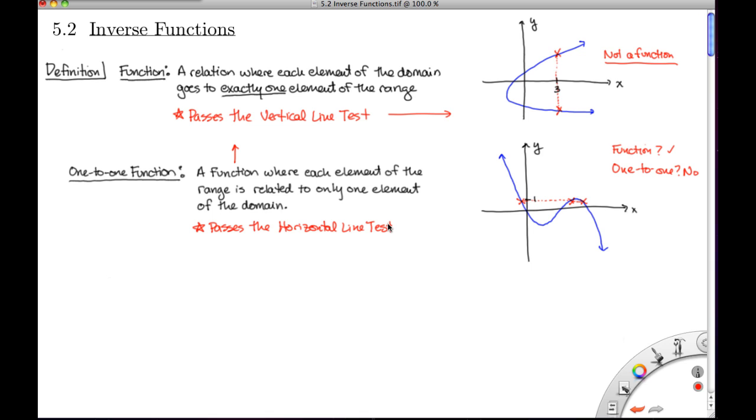So the following could be considered equivalent statements if we're looking at some function f. So we're going to say that the following statements are equivalent for some function f.